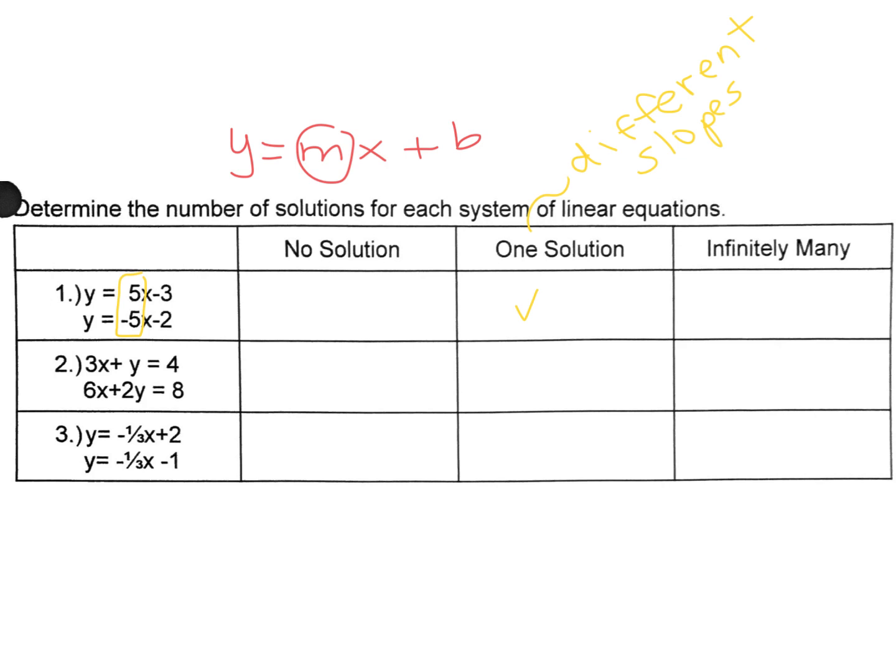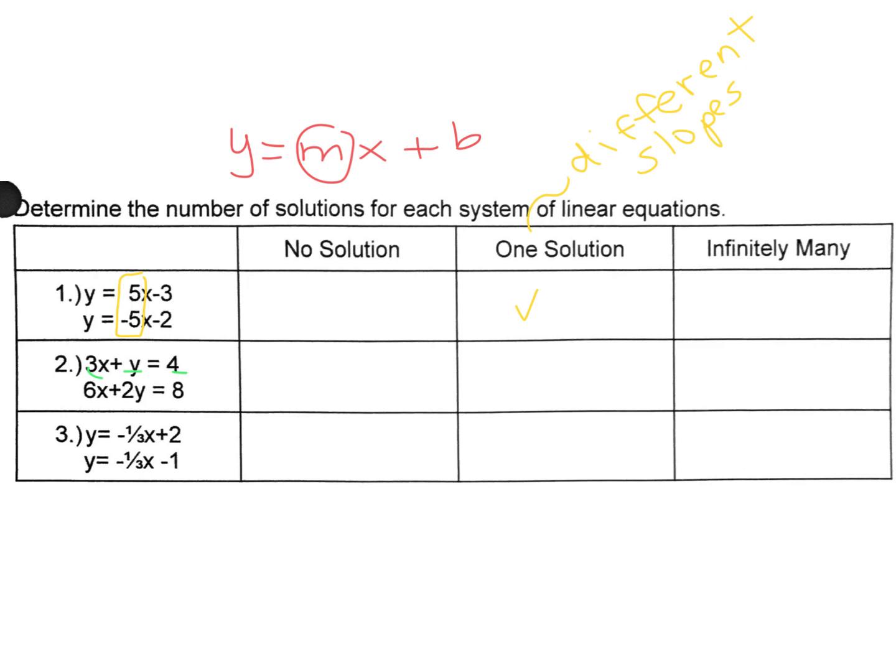Okay, number 2, it looks different, but if I examine that closely, there's also something that looks similar about them. For instance, if I doubled 3, times 2 would give me 6. If I doubled y, it would give me 2y, and if I doubled 4, it would give me 8.